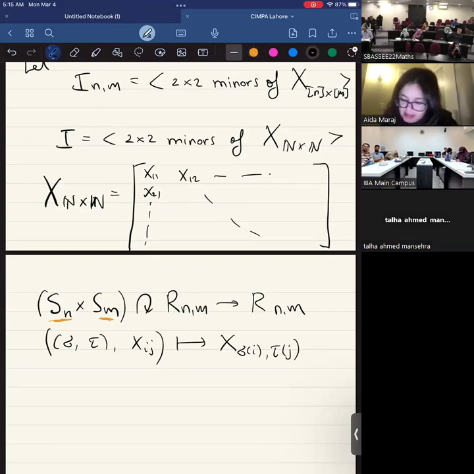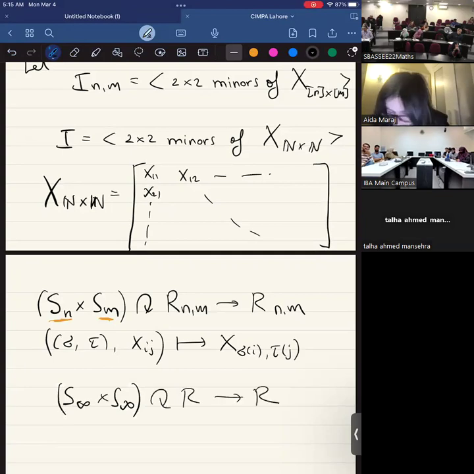Similarly, we have S infinity times S infinity acting on R the same way.